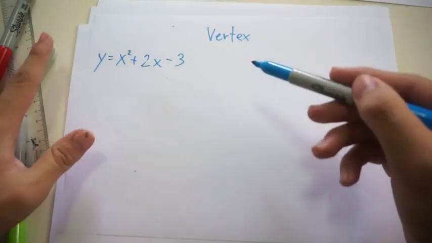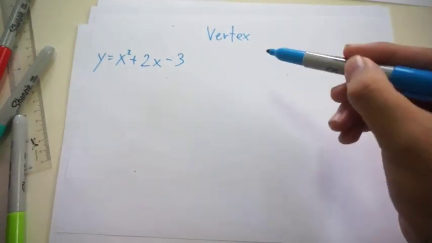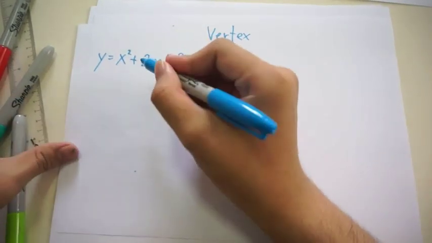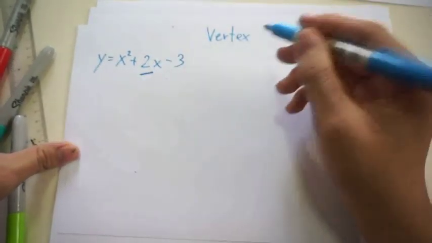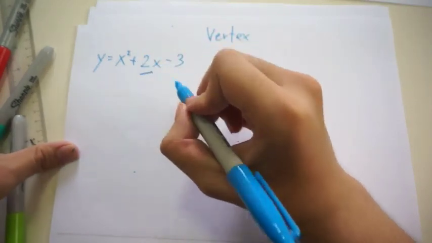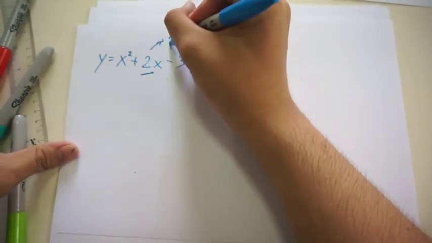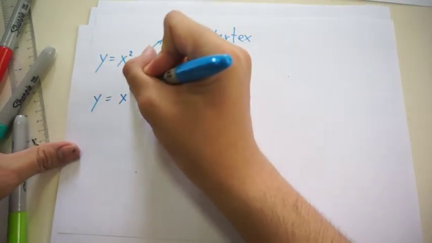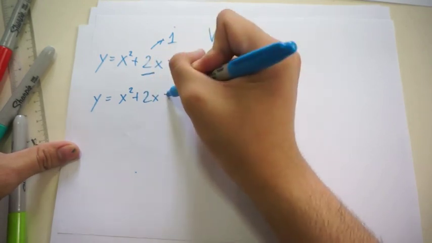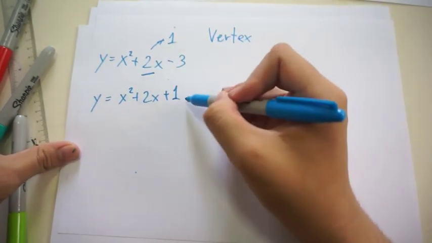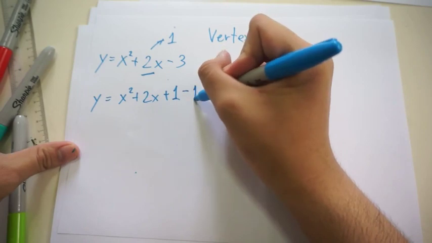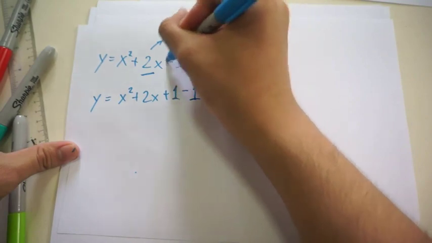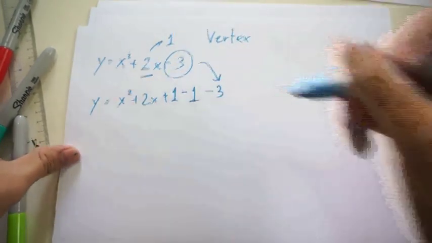So for the vertex, how do we do the vertex? Well, that's simple. First, you see this number? We're going to make it half. So half of 2 is 1. So we're going to express it like this. And since I add the number myself, I must minus the same amount, and then we have the original point added as well.